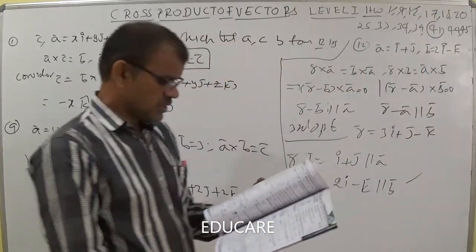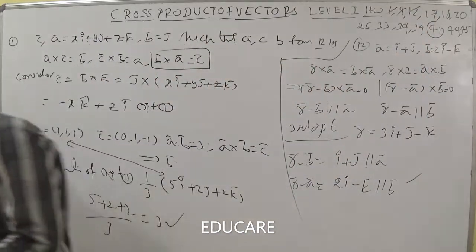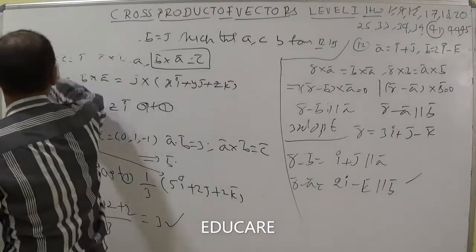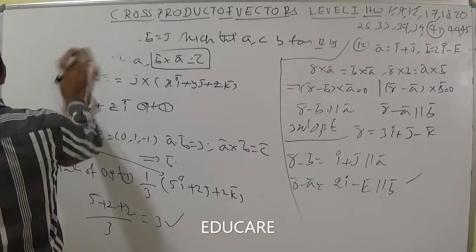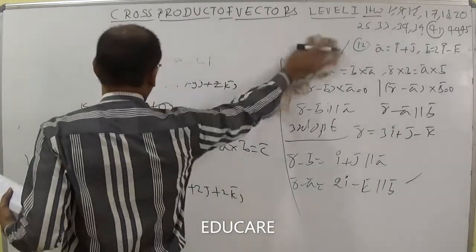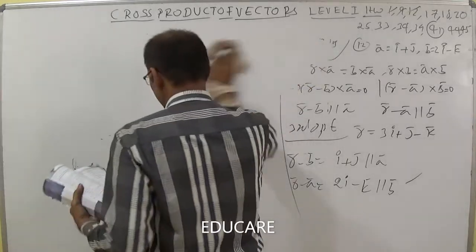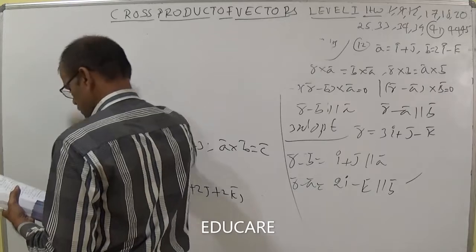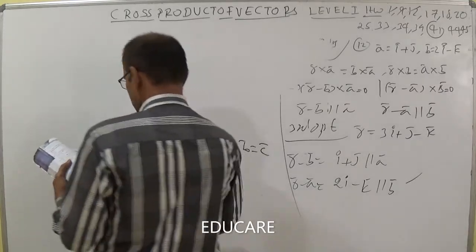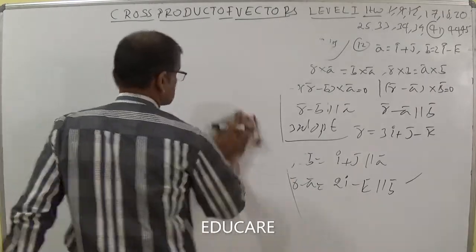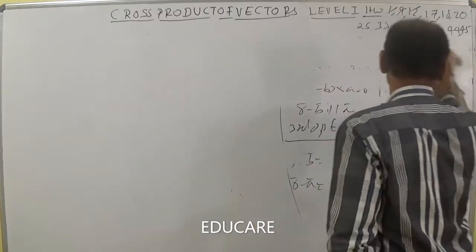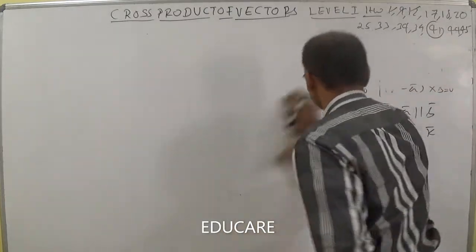Next, 12th completed. Let us discuss the 17th question, which is from AIEEE 2002. A and B are given two vectors. A bar is equal to 3I minus 5j and B bar is equal to 6I plus 3j, and C bar is a vector such that C bar is equal to A bar cross B bar.